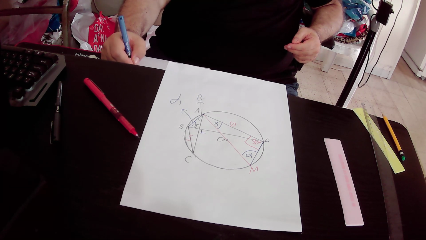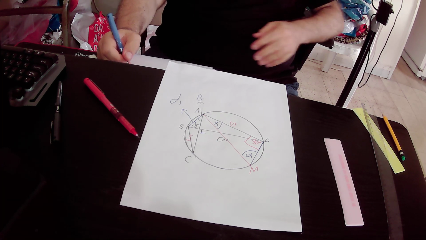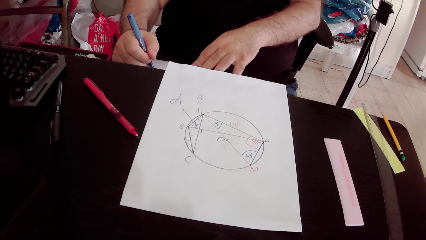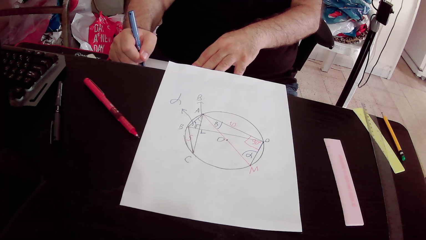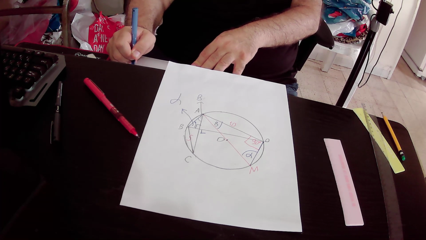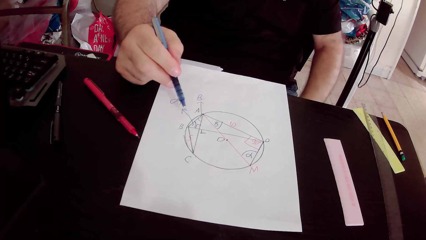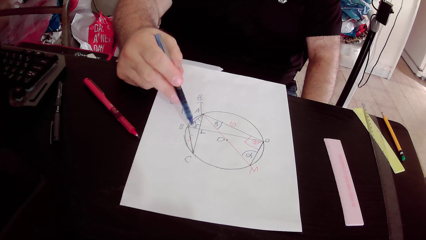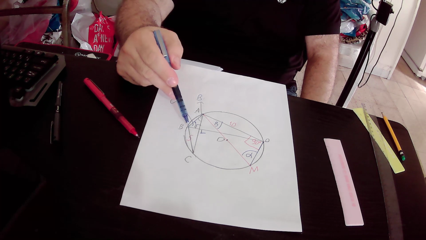And it rests on chord BC. Peripheral angle BAC that equals beta rests on chord BC.